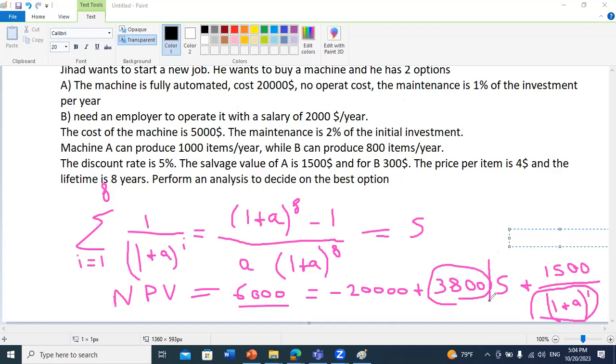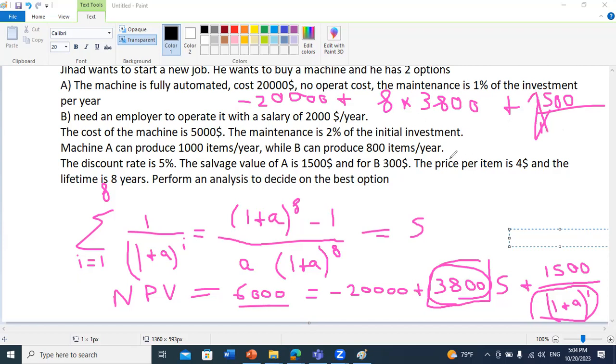I have per year a gain of $3,800. And for 8 years, then I will have minus 20,000 plus 8 times 3,800 plus 1,500 over 1 plus A, but here we are not taking A into account, so it's just that I can buy and I can sell it at $1,500.